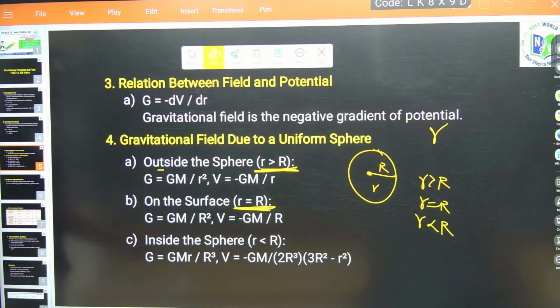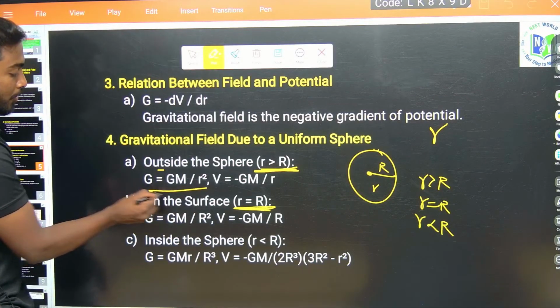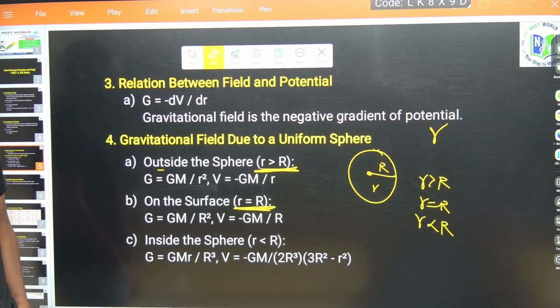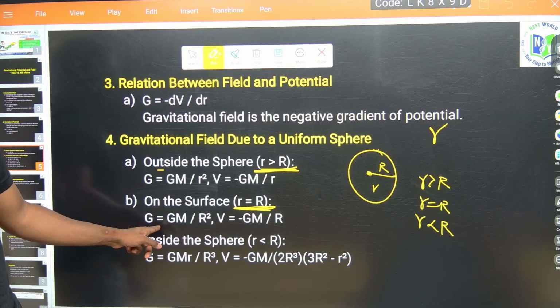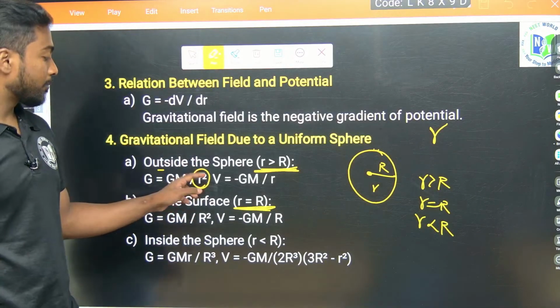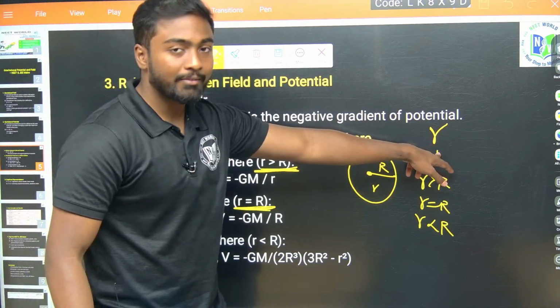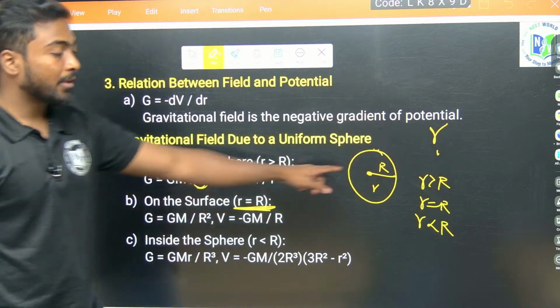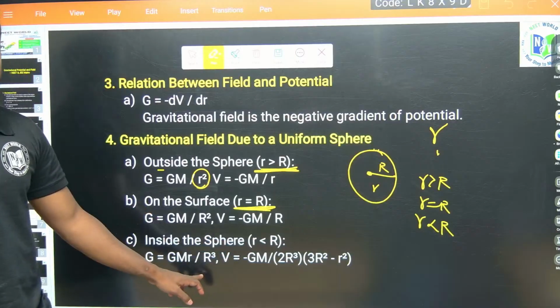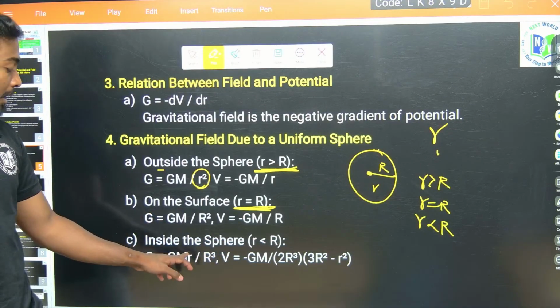So now the formulas are, for intensity, g is equals to GM by r square. See one more thing, this is r square for small r that we have taken, but on the surface it is capital R square, and inside the sphere it is G M r by R cube.